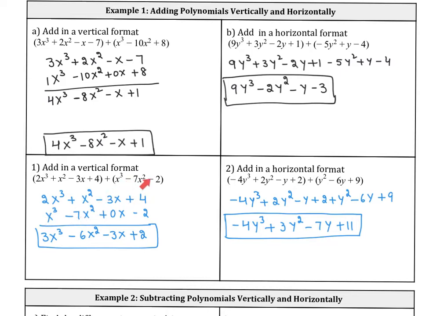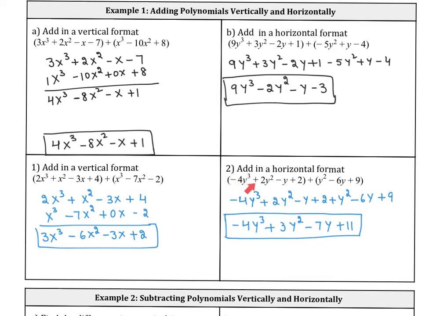We do not have any x terms, so I'm going to write 0x, and constant term under constant term. Then you're going to add them, and you're going to get 2 plus 1, 3x cubed. X squared minus 7 would be negative 6x squared. Negative 3 plus 0 is negative 3x. 4 minus 2 is 2.